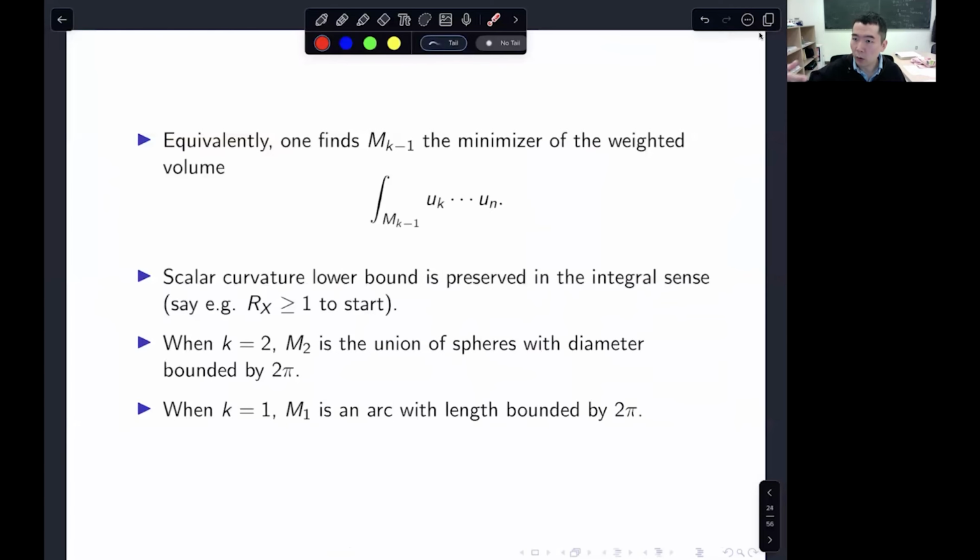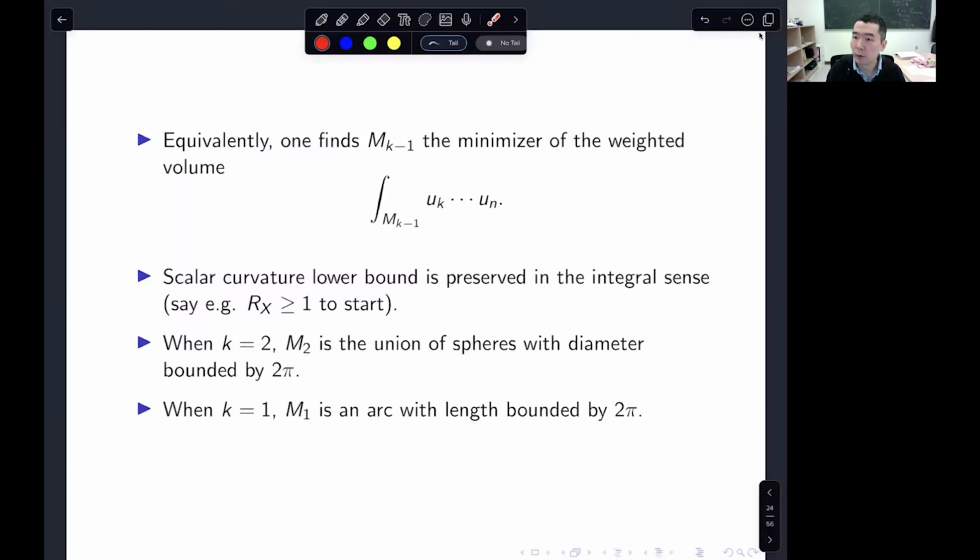Okay, so that eigenvalue condition guarantees the following important results. If you can slice down all the way to dimension 2, then for this two-dimensional surface, this eigenvalue condition is what we call scalar curvature positive in the integral sense. So this M2, the two-dimensional surface, behaves like a two-dimensional surface with scalar curvature bounded below by 1, the same scalar curvature lower bound. Although it's not pointwise, the integral sense is enough to guarantee this similar geometric behavior. Particularly, each connected component of M2 has to be a sphere.